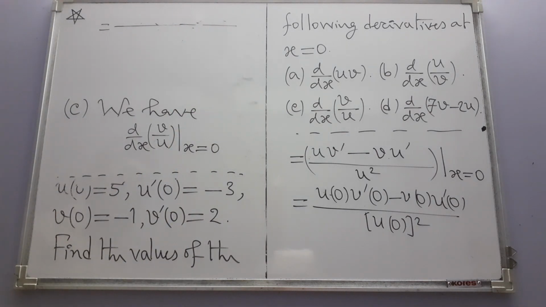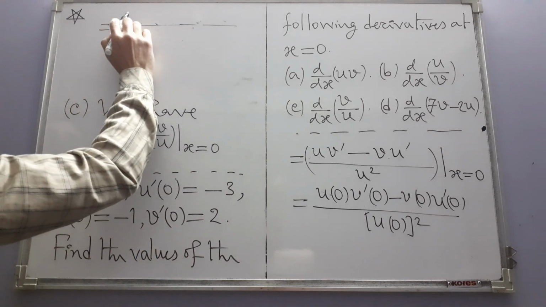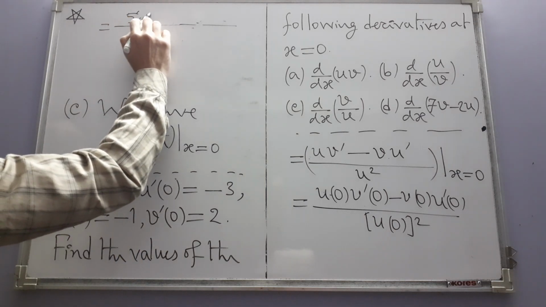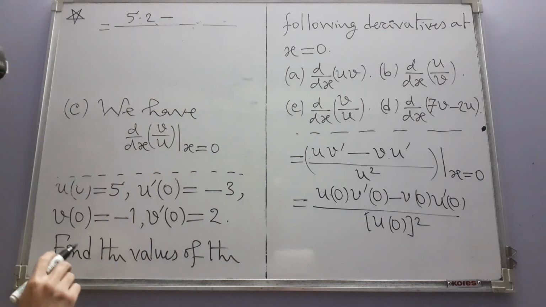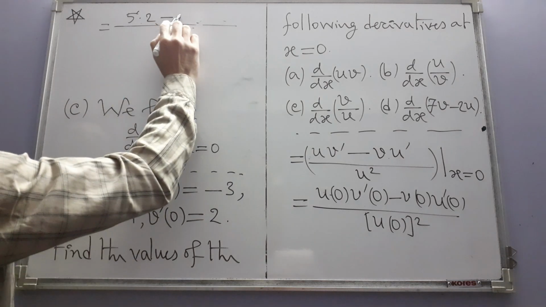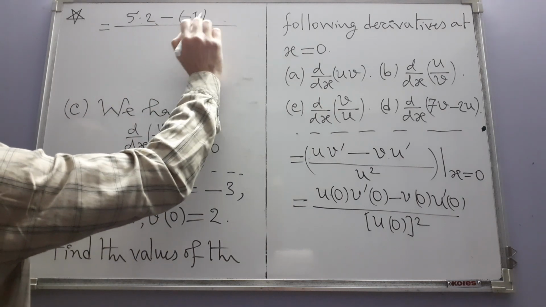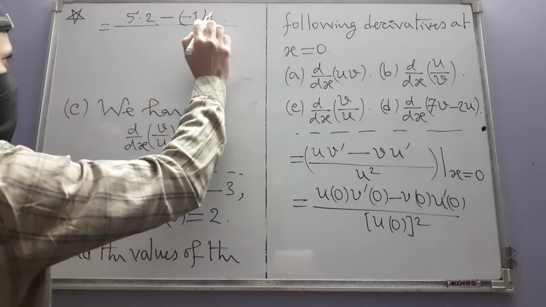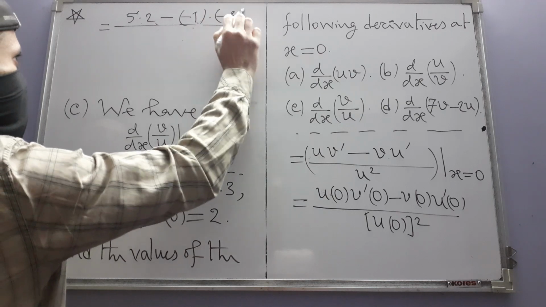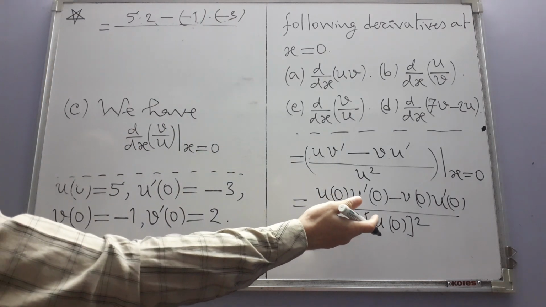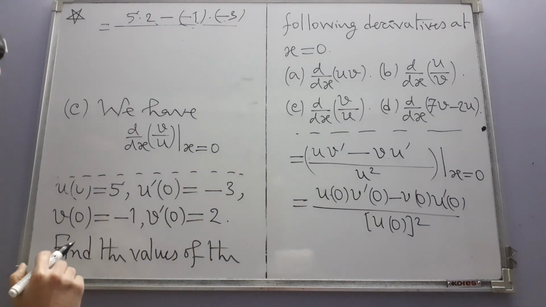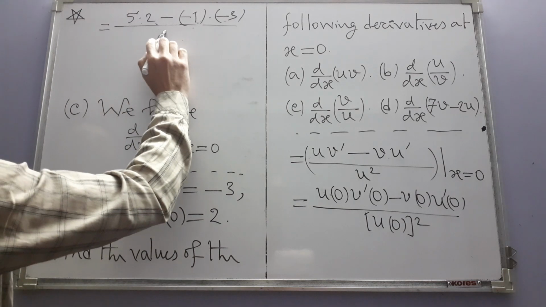u of 0 is 5, v prime of 0 is 2, minus v of 0 is minus 1, and u prime of 0 is minus 3 divided by u of 0 square, that is 5 square.